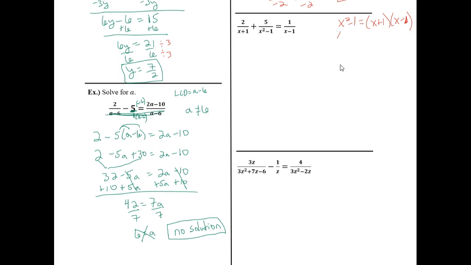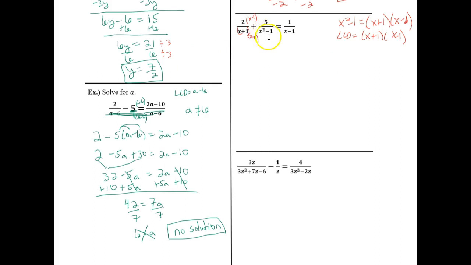So we look at this and we see the LCD is exactly that. Those are the only two factors I see: x plus 1, x minus 1. We need to make all of those denominators match. The first denominator has the x plus 1. It does not have x minus 1. So I add that to the numerator and the denominator.